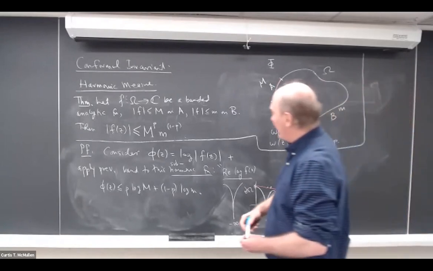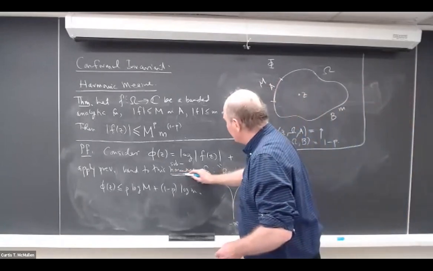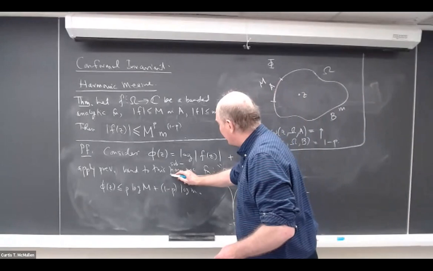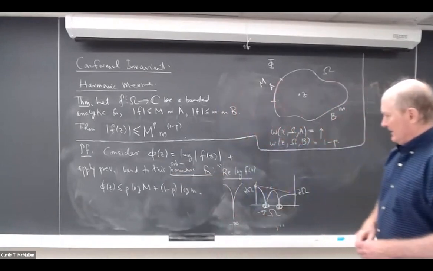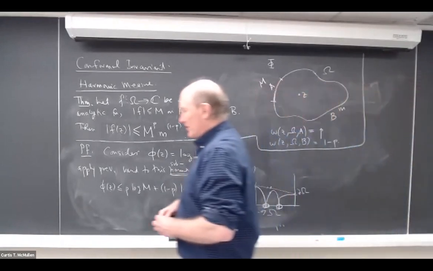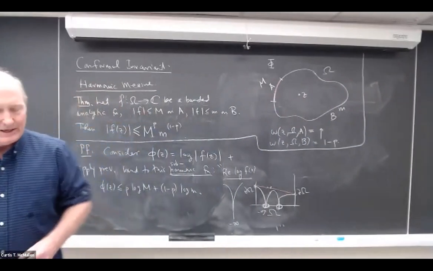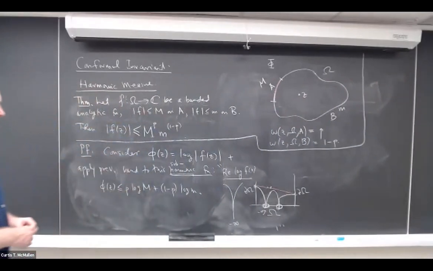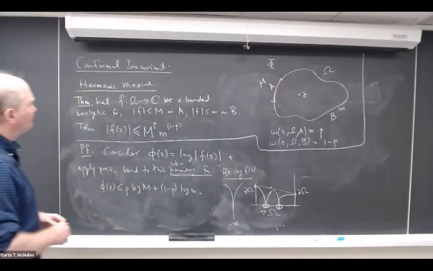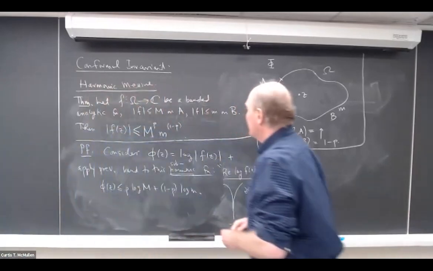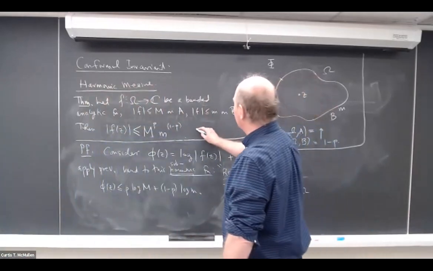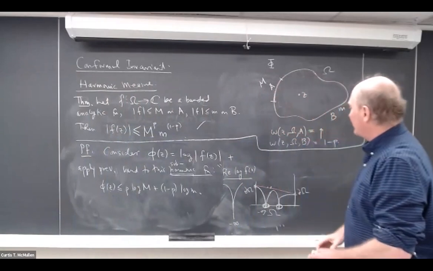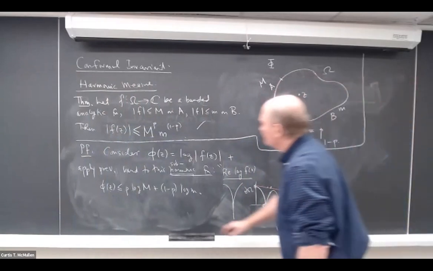So either way, this is something one should worry about and think about, but it works just fine. Any upper bound that works for harmonic functions gives an upper bound for subharmonic functions that have the same boundary values. Okay, so that's the majorization principle for analytic functions.